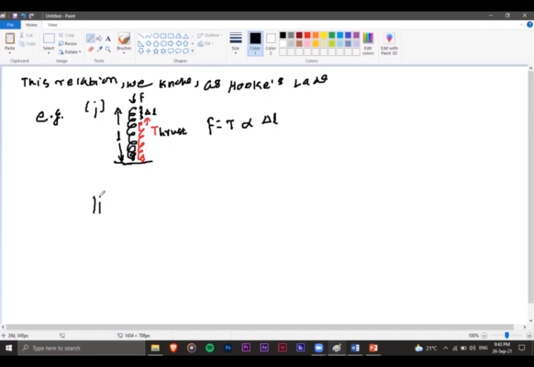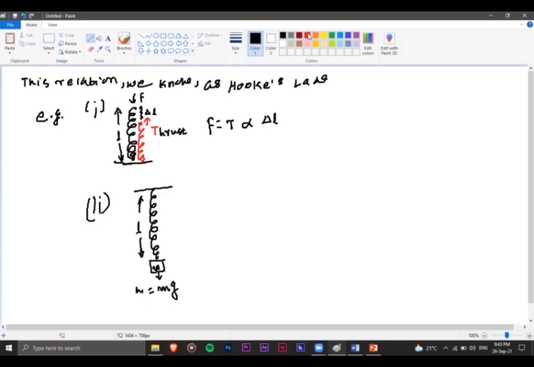And similarly, let's suppose that a spring is hanging from a ceiling, for example, or any hanger over here, and its original length is L in this case. And at that point, if you attach any sort of weight over here, any sort of object of mass M, then obviously a force equivalent to mg, that is called the weight of this object, will cause the extension in this spring.